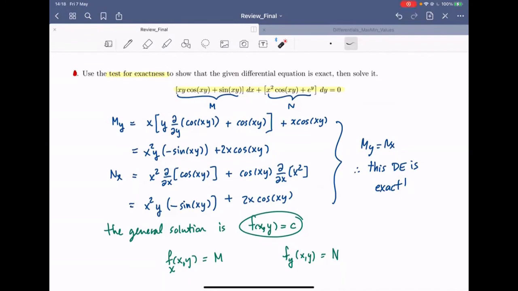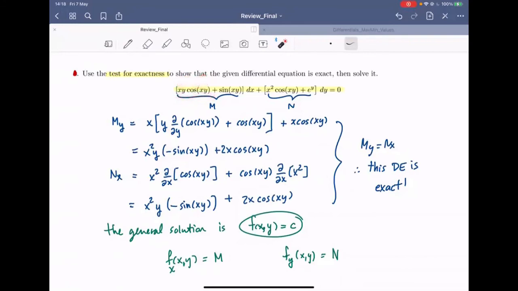But I see the hard part over there, because you have x cosine xy, and if you integrate with respect to x, this x and this cosine could be a problem for you, because you may need integration by parts.